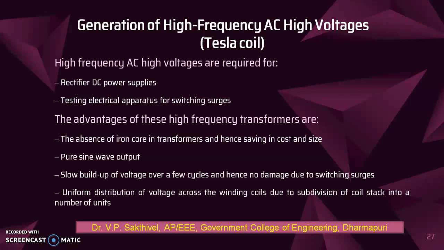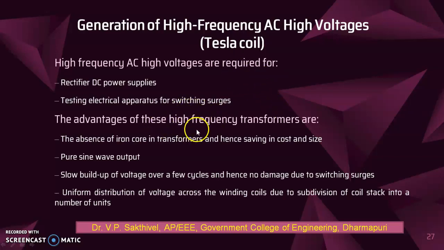This high frequency AC voltage is required for rectifier DC power supplies as well as for testing electrical apparatus for switching surges. In order to test electrical equipment for switching surges, we need the high frequency AC power supply.